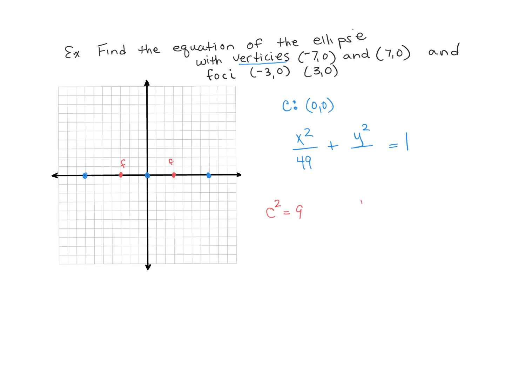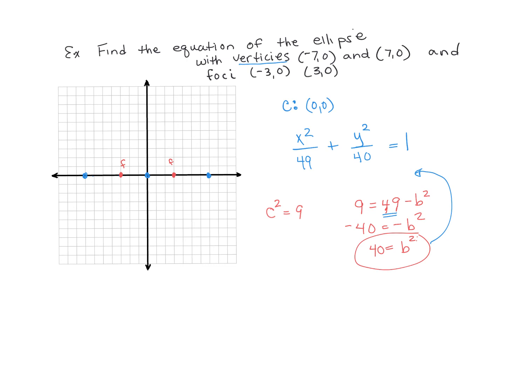So we would say 9 is equal to 49 minus b squared. And if I subtract 49, I get negative 40 equals negative b squared, or b squared equals 40. And since I only need the b squared, I don't need the b necessarily, I can just put the 40 here.